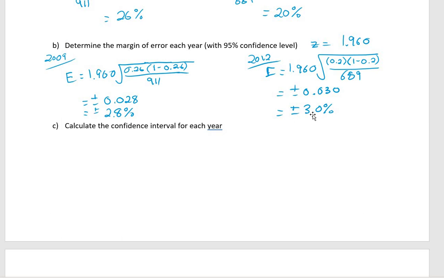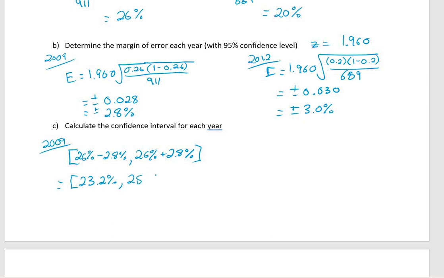So, what's our confidence interval? Well, for 2009, our confidence interval is going to be our 26% minus 2.8% for the lower bound, and the upper bound is going to be 26% plus 2.8%, for a confidence interval of 23.2% to 28.8%.